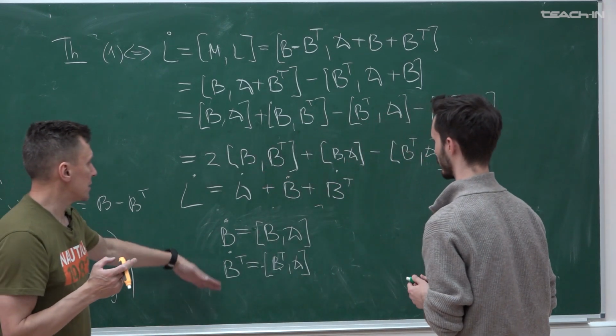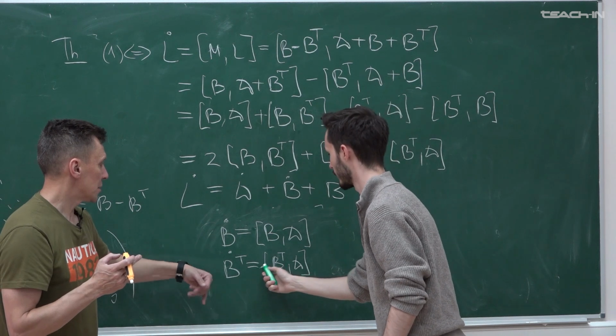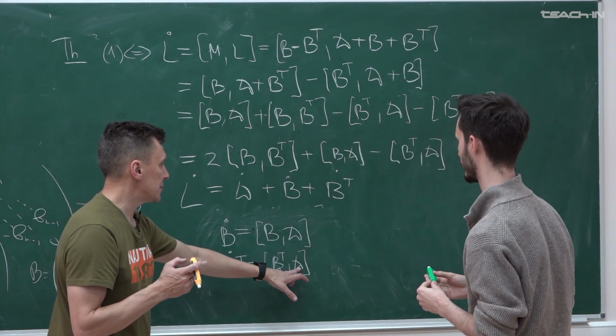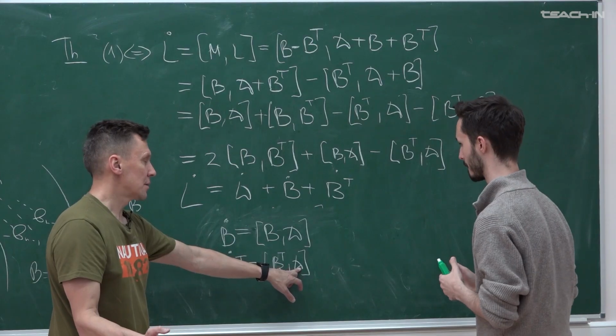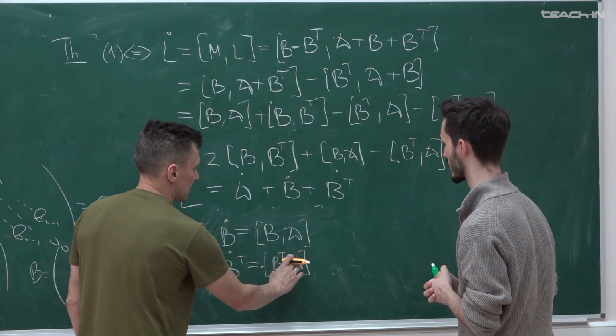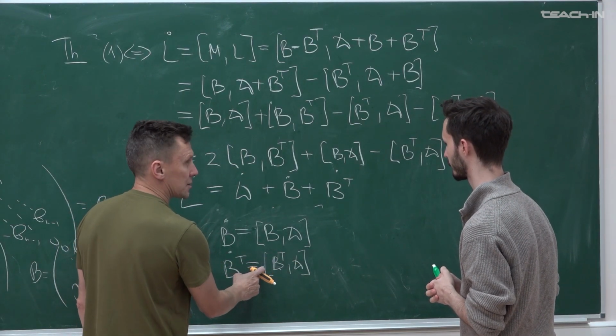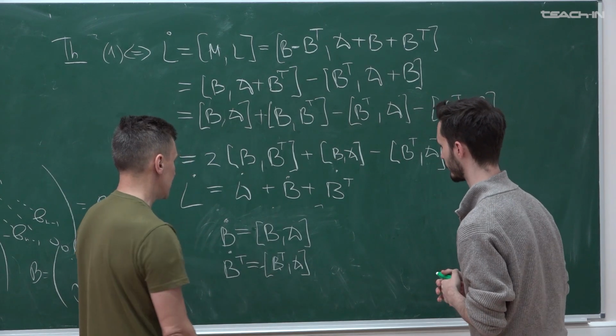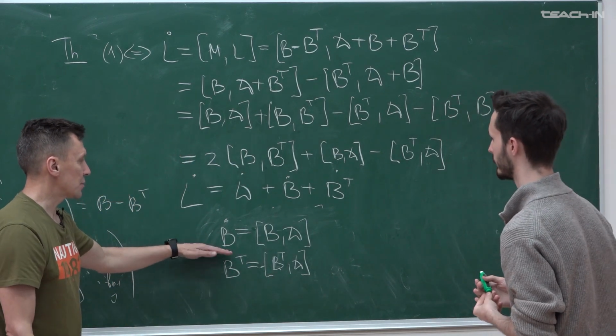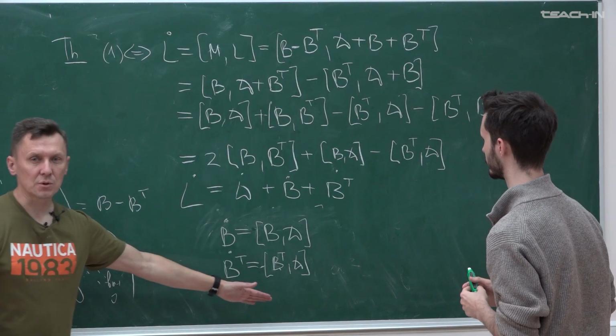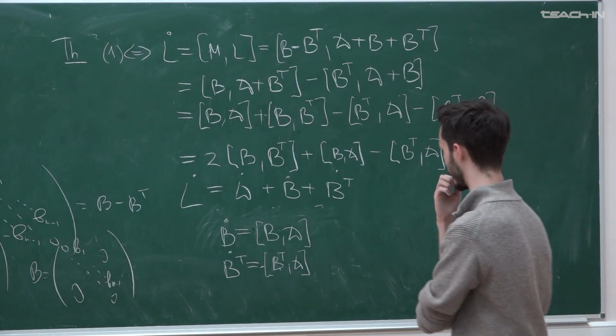But you see they are equivalent, because as you remarked, D is symmetric, and the transposition changes these signs. So this is a consequence of this. These two equalities are equivalent.